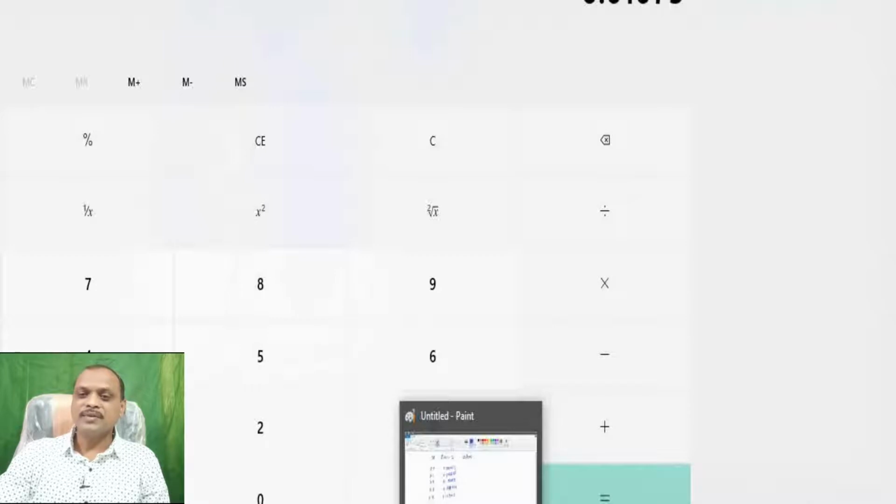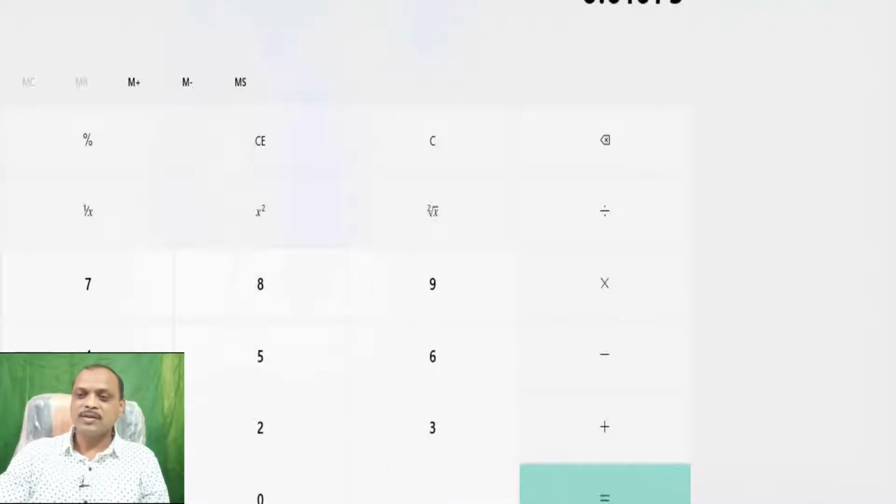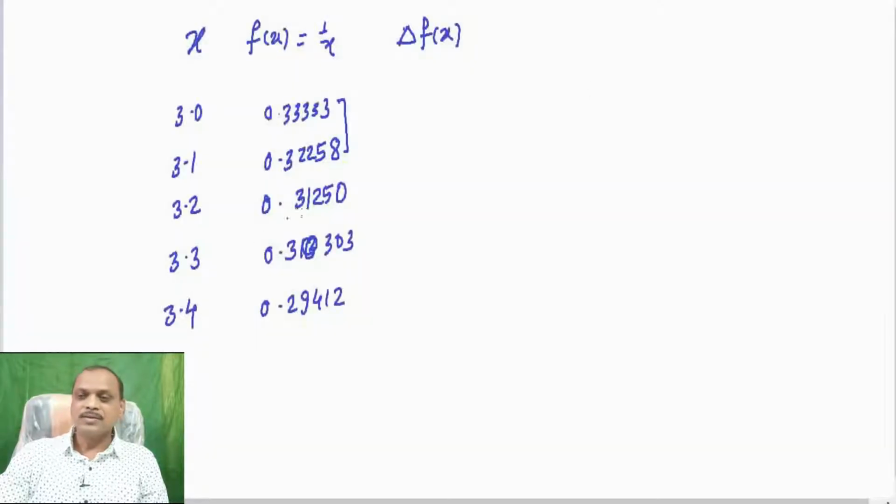Then we get 0.01075. So let us write this value first, we get the first value here, minus 0.01075. So this is the difference of these two values.